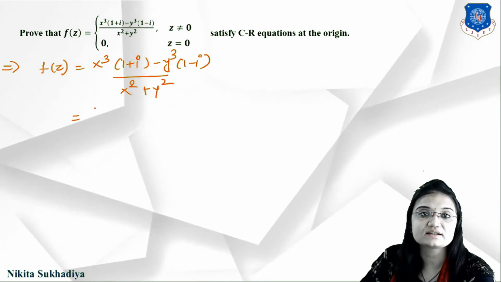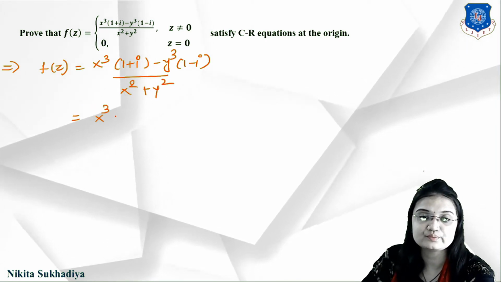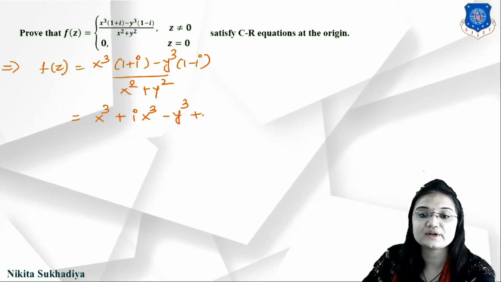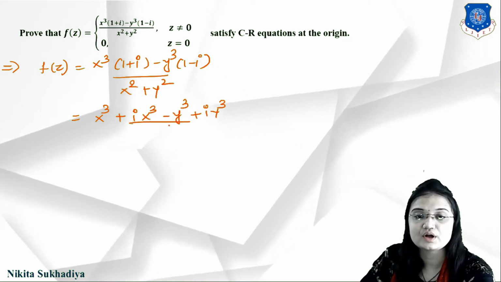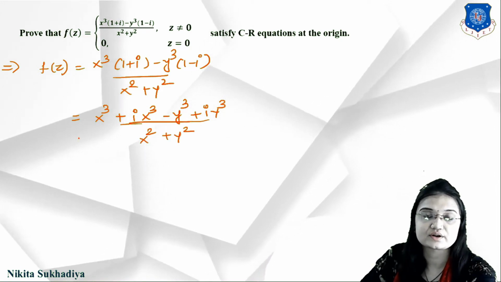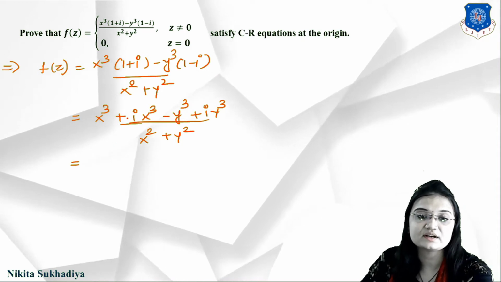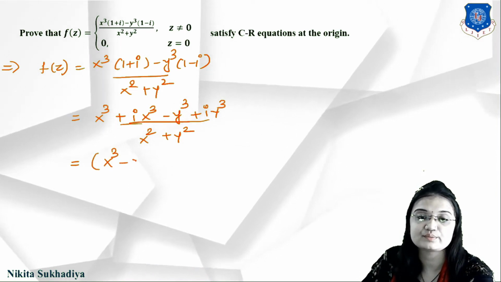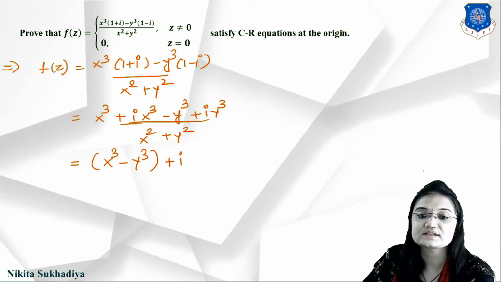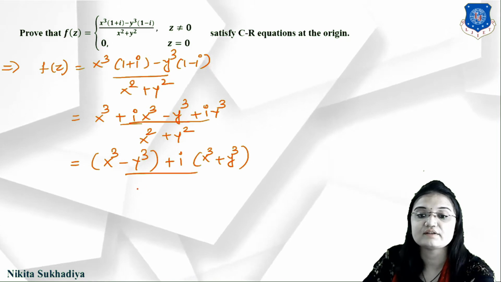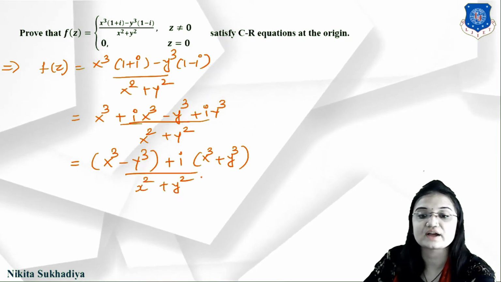Okay, so we can write this equation like this: x cube plus i x cube minus y cube plus i y cube upon x square plus y square. Now by separating the real and imaginary parts in the numerator, this will become x cube minus y cube plus i times x cube plus y cube, divided by x square plus y square.